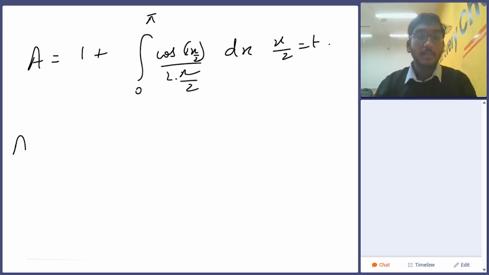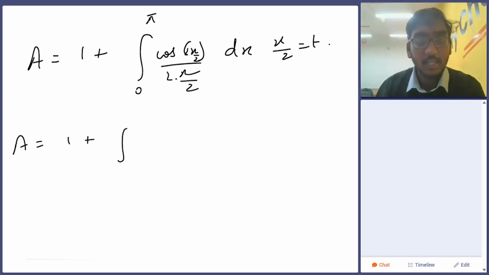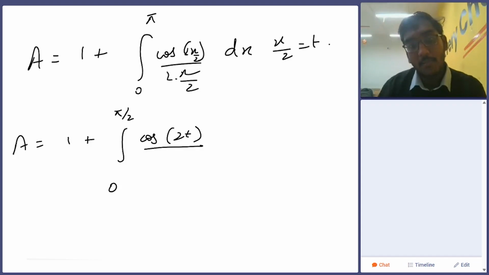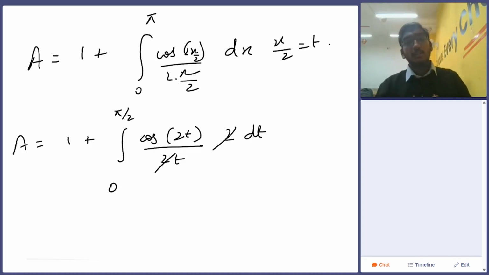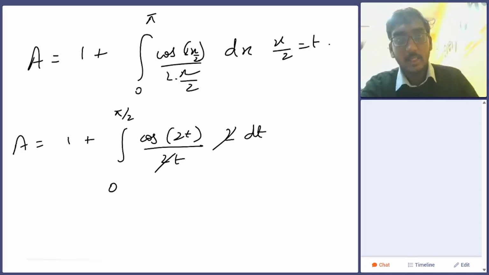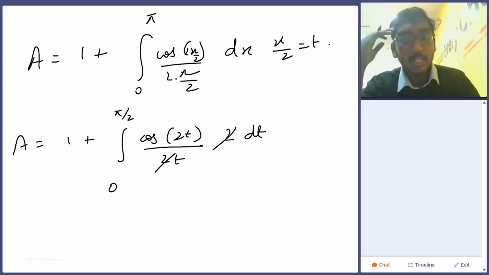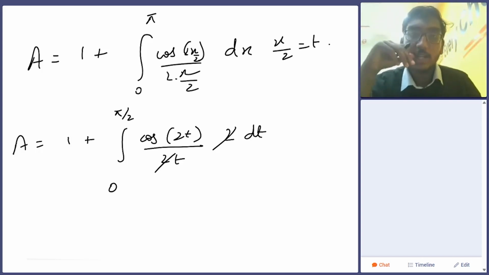So A will be equal to 1 plus integral, and the limits will also be altered, from 0 to pi by 2, cos 2t divided by 2t, and dx will be 2 dt. Cancel these two, and you get integral 0 to pi by 2 cos 2t divided by t dt. That is the same as cos 2x divided by x dx, because the variable is immaterial in definite integration.